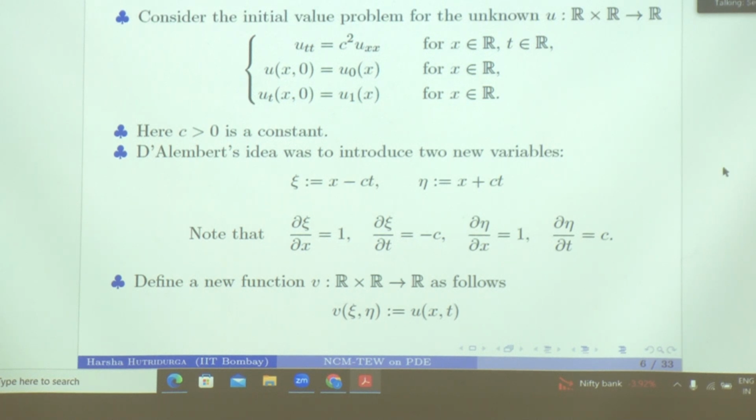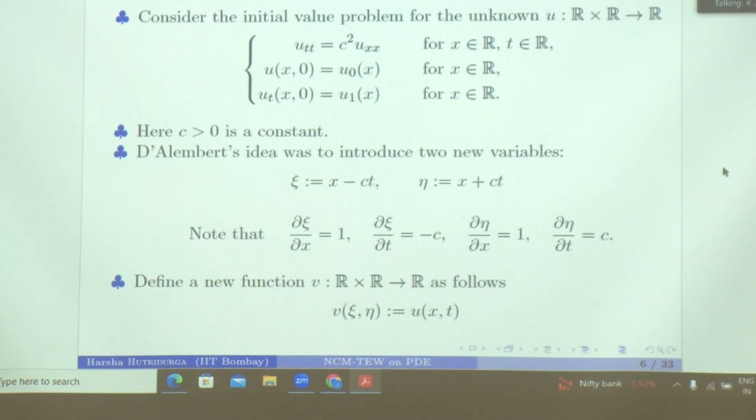Now, in this coordinate system psi eta, we introduce a new function v. What this v does is, this v at the point psi eta is essentially u at the point x comma t, because this psi eta is related back to some x comma t in the xt plane. Whatever the value of that solution u at this point is, you assign the same value for v at this point.